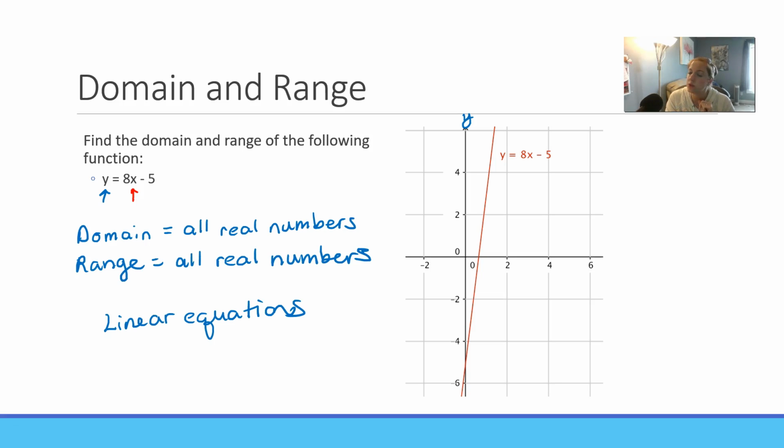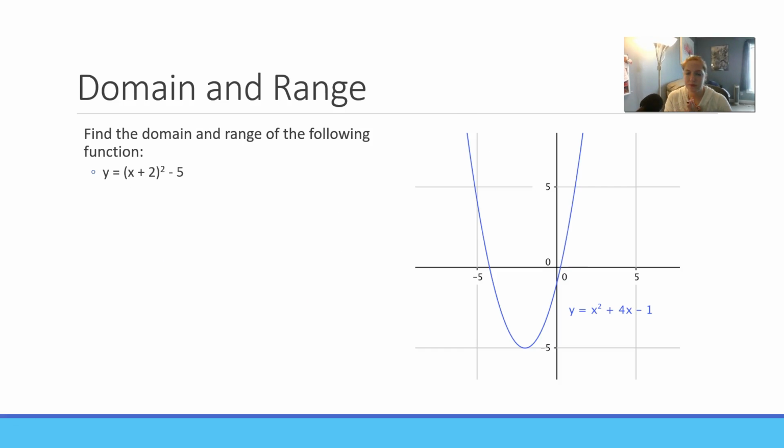That's true for any linear equation because it goes both directions. Well, except if you're a flat line, horizontal line or a vertical line, because those are a little bit different. But generally speaking, any other type of linear equation will have all real numbers for the domain, and the range will also be all real numbers because there's no restrictions going on.